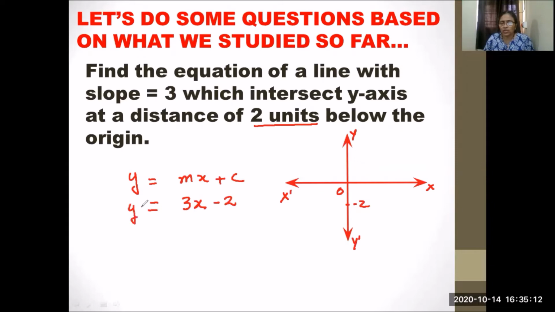So the equation is y is equal to 3x minus 2, the required equation for this question. Isn't it simple? If you are aware of all those concepts, you'll not take much time to do the question. So we are going to see more concepts and more questions in the coming section.